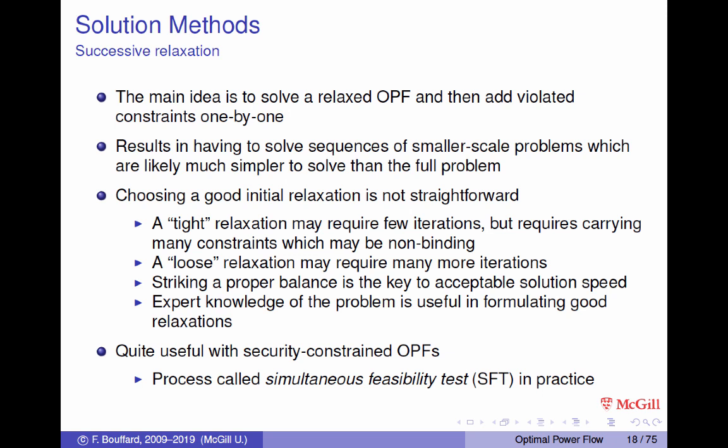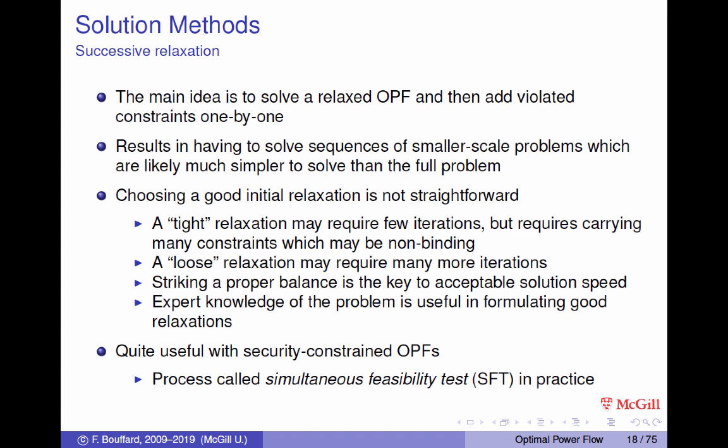Clearly, there's a challenge here in terms of how you pick the right amount of relaxation. A tight relaxation means the problem you're solving is very close to the original one. You've only relaxed a few features.